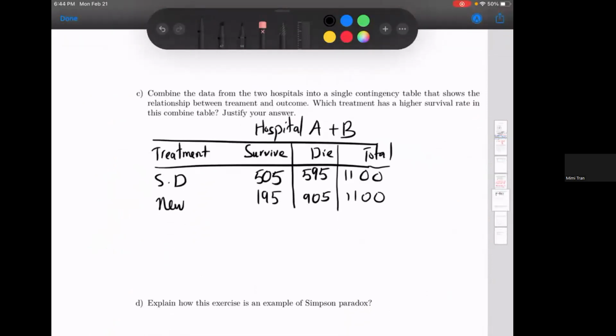Okay, so now let's see the dying rate together. P of die is what? Let me do it in red. P of die is 595 divided by 1,100. What you got?